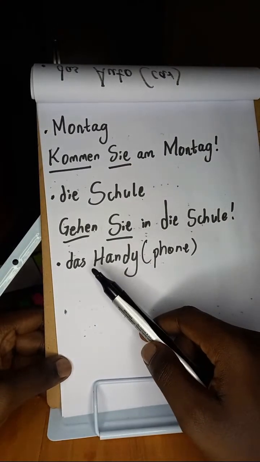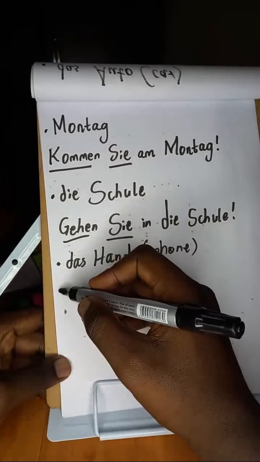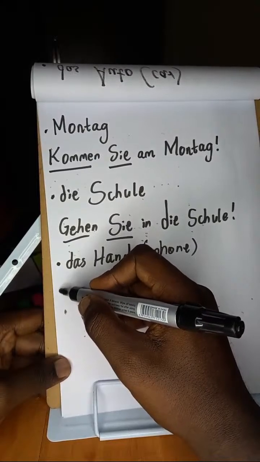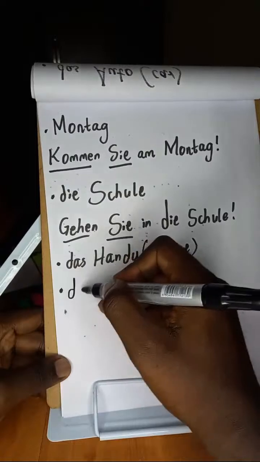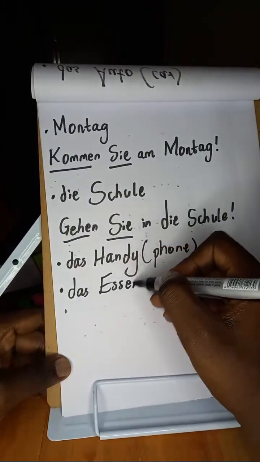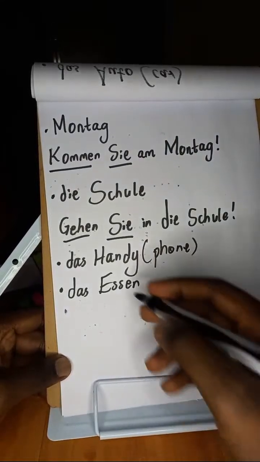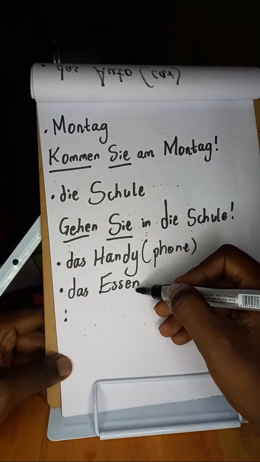So the first one I would like you to go ahead and attempt is das Handy, which means phone. Then the second one I'd also like you to attempt is das Essen, which means food.